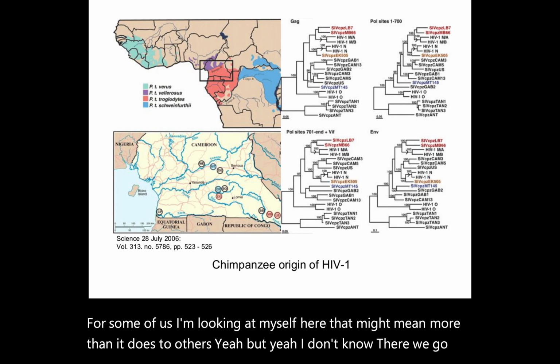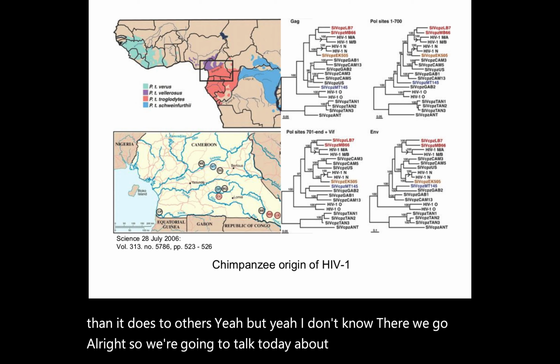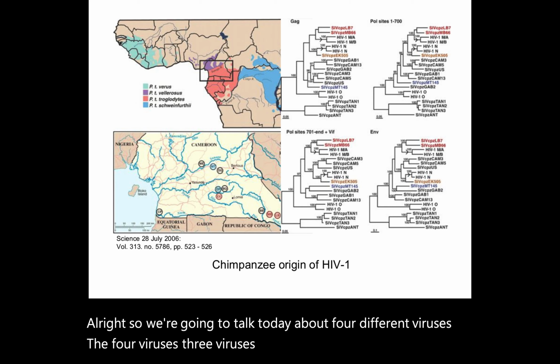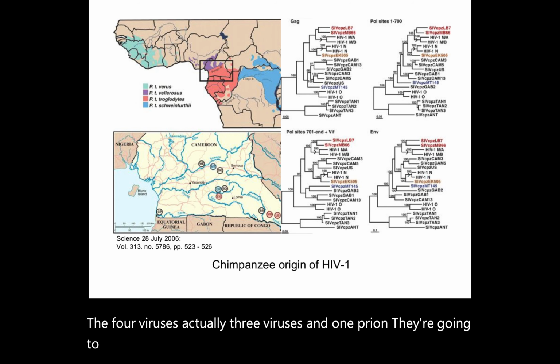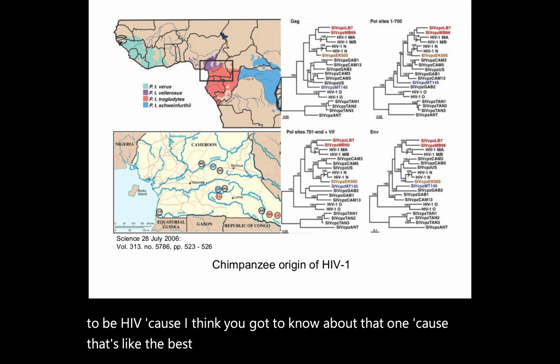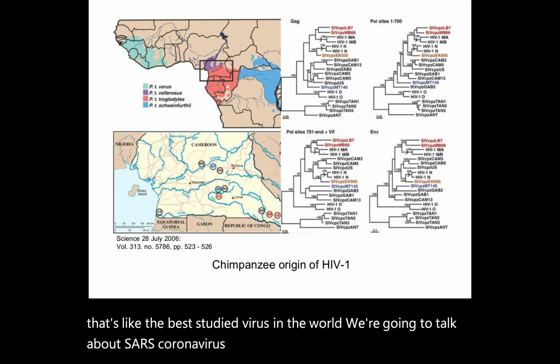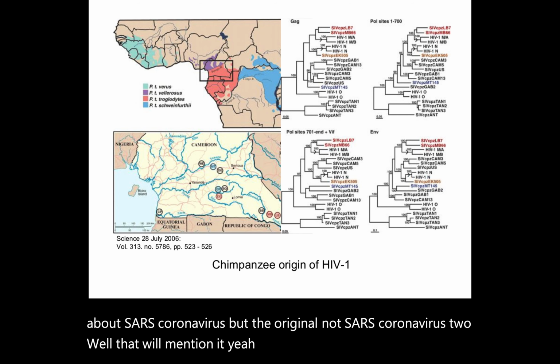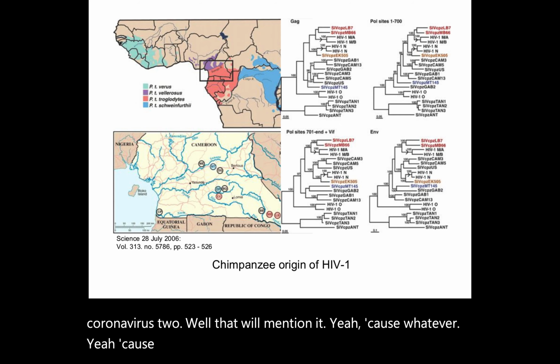So we're going to talk today about 4 different viruses. The 4 viruses, well, actually 3 viruses and 1 prion, they're going to be HIV, because I think you got to know about that one, because that's like the best studied virus in the world. We're going to talk about SARS coronavirus, but the original, not SARS coronavirus 2, although we'll mention it, because it's trending on Twitter these days.